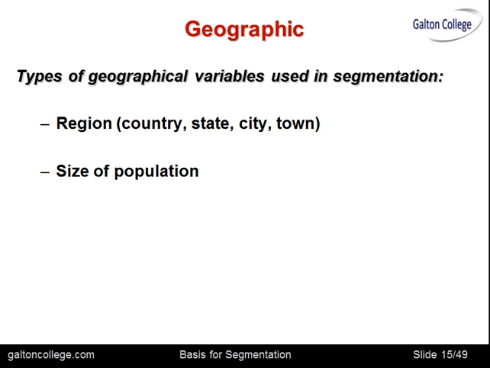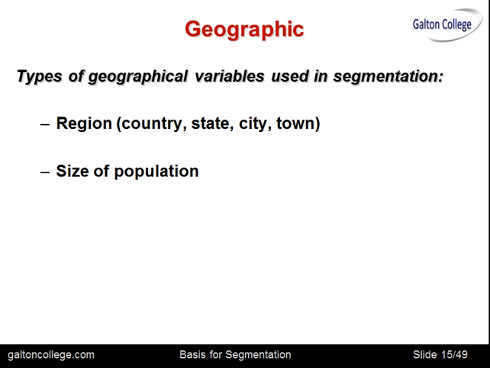It could be done on the basis of the size of the population. That's another way of segmenting. It could be different states have different population sizes, so that picking particular states may be more appropriate at certain stages than others. It depends on the production capacity of the business as well.